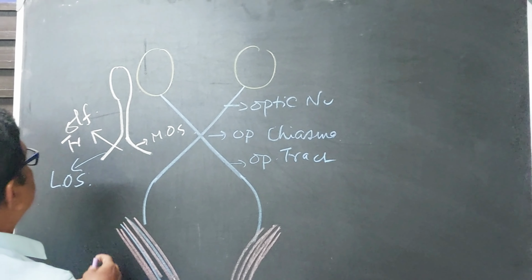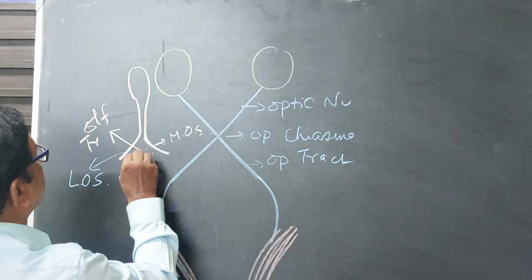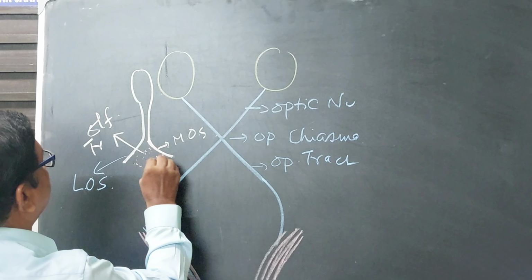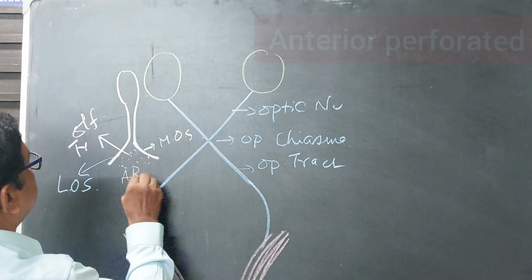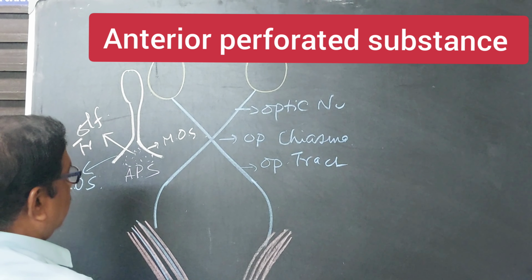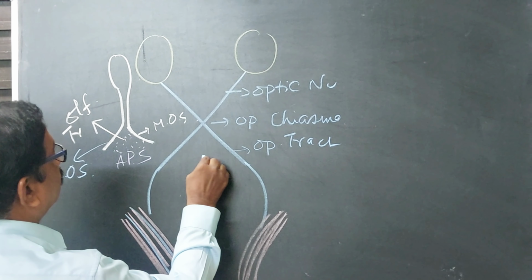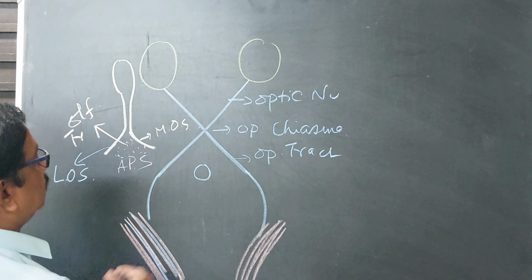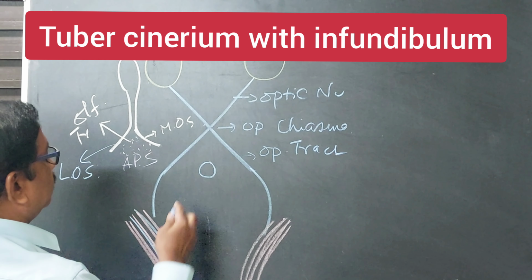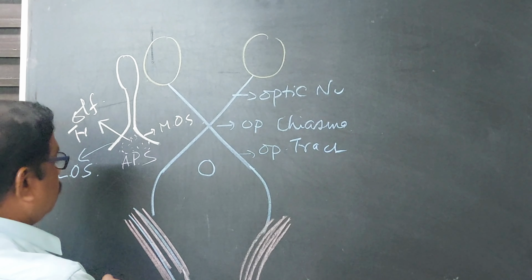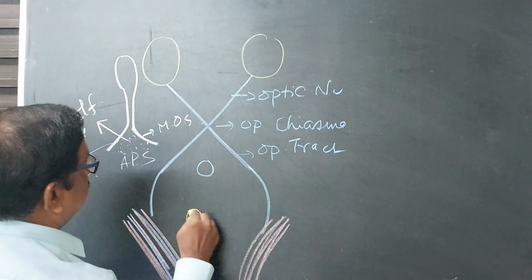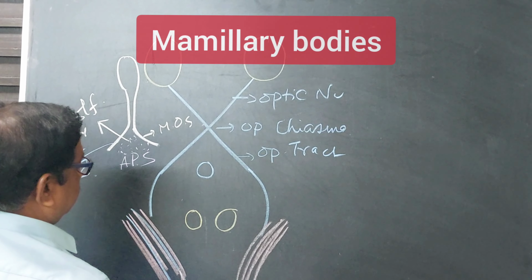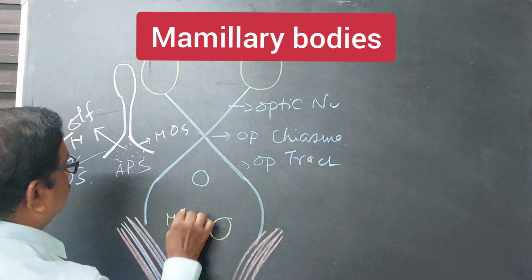And here is some gray matter called anterior perforated substance, and here you will get one elevation called tuber cinereum with infundibulum, and posterior to it two rounded elevations on each side called mamillary body.